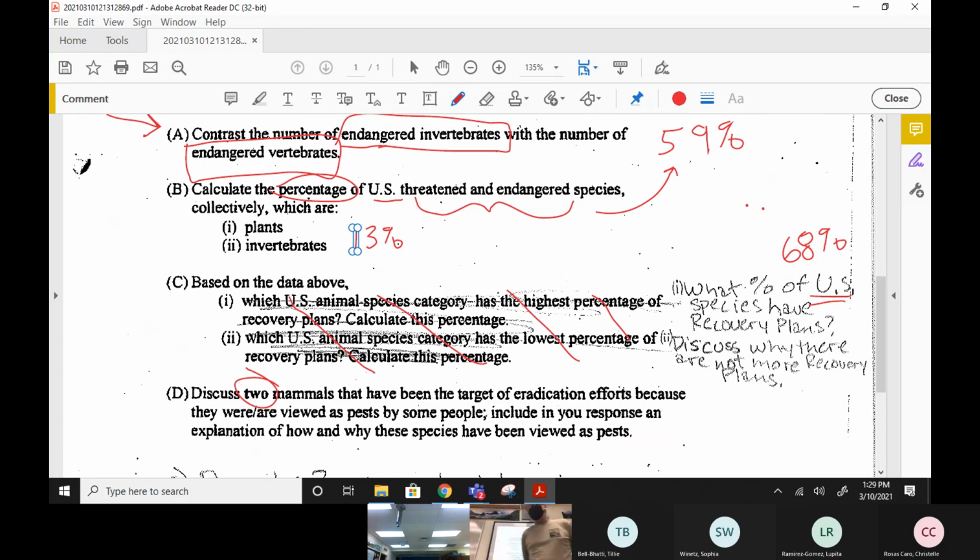Two mammals, they have to be mammals. Mammals that people have tried to get rid of. And not a mammal, but absolutely a pest that people have tried to get rid of, but it has to be in mammals.